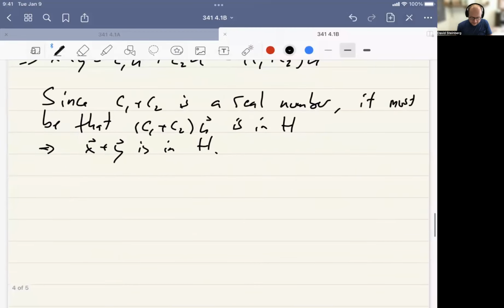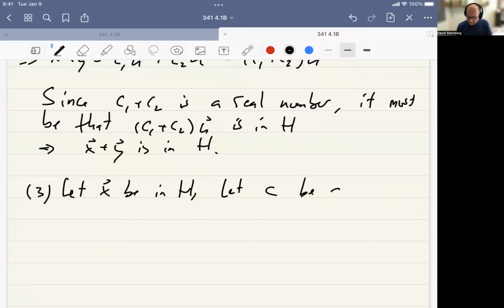And then finally, we need to show that any scalar multiple of any vector in H is also in H. So let's let X be in H again, and we'll let C be a real number.